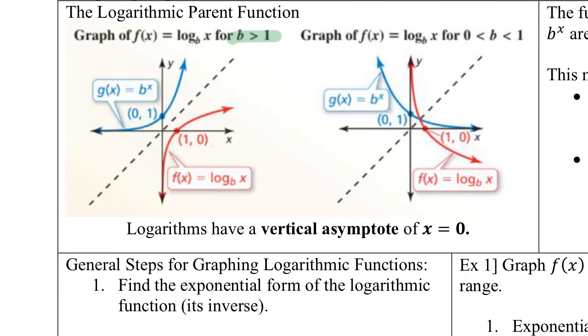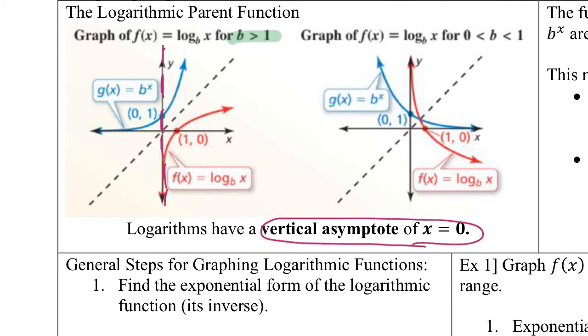Now, we do have asymptotes for a logarithmic function as well. So exponentials had an asymptote at y equals 0 here on the x-axis. Well, logarithms have a vertical asymptote at the line x equals 0.